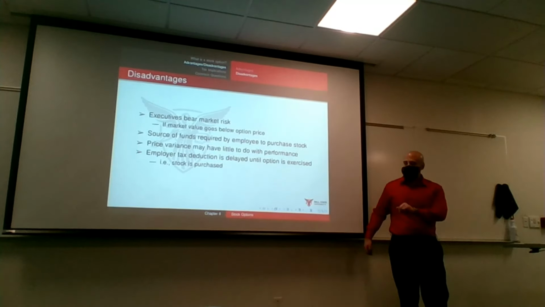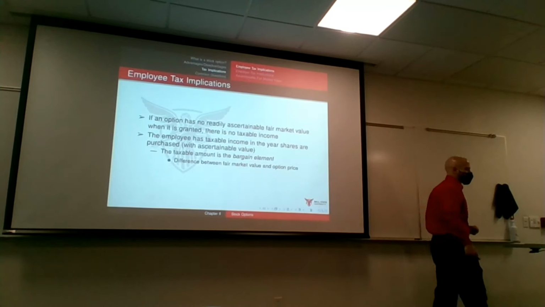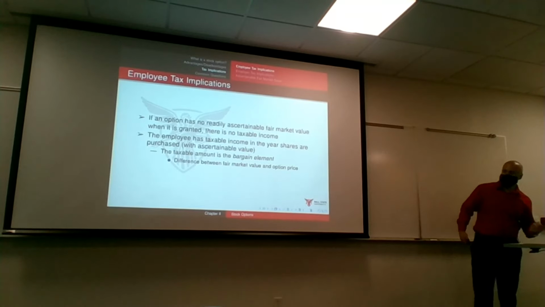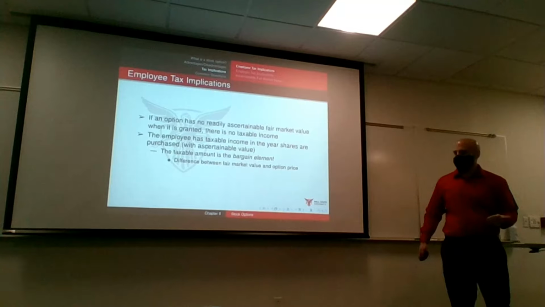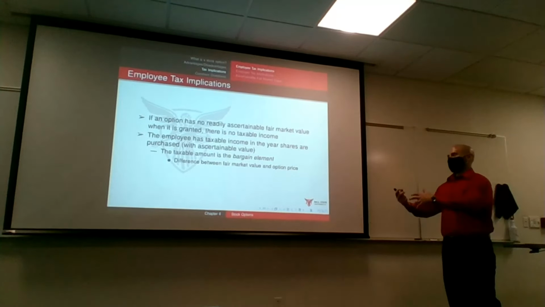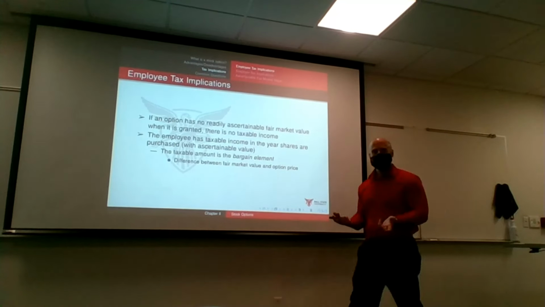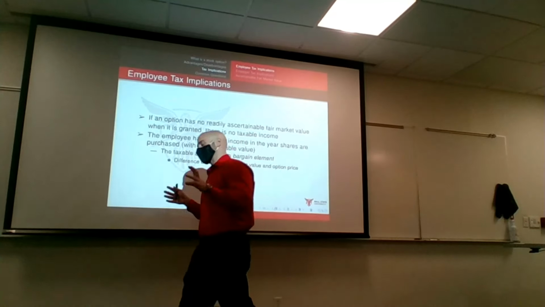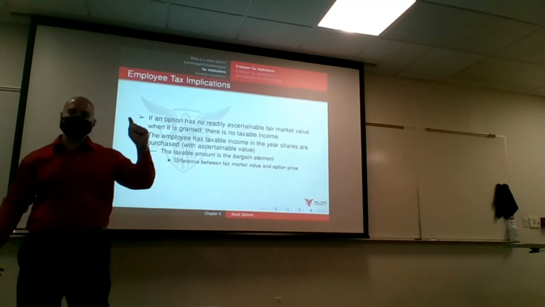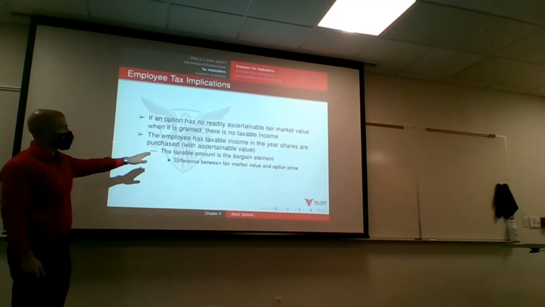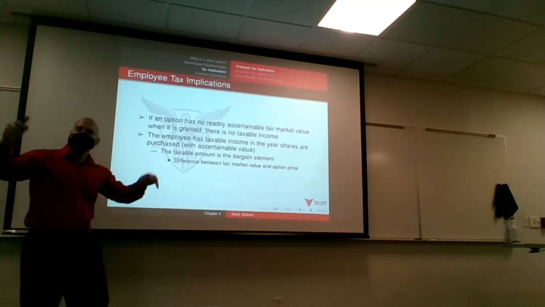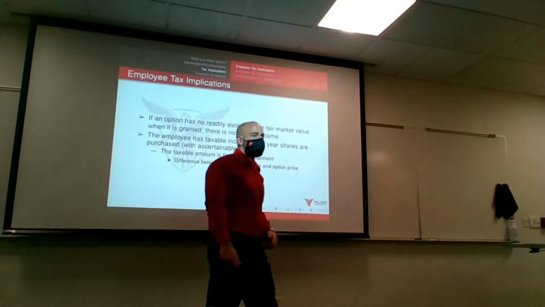So speaking of some tax implications, let's look at the employee. If we can't determine the value, so it might be better that if we can determine the value, it's mostly that net. Okay. But if it's not readily ascertainable, we won't count it as taxable income because we'd just be guessing.